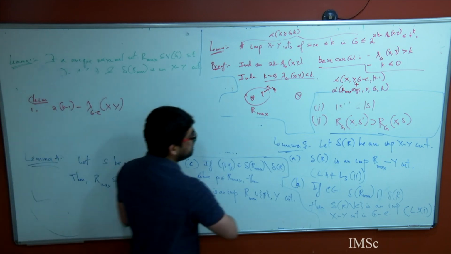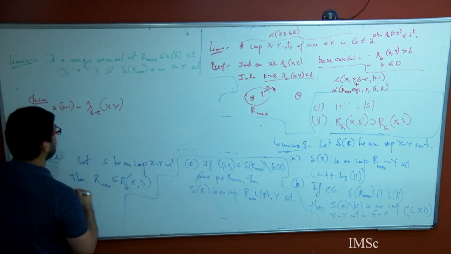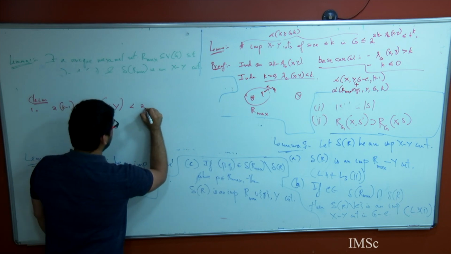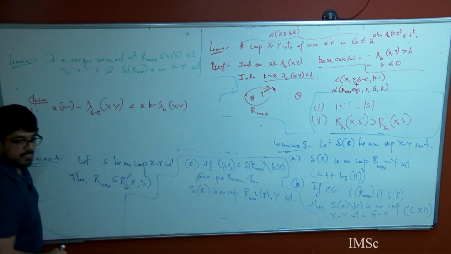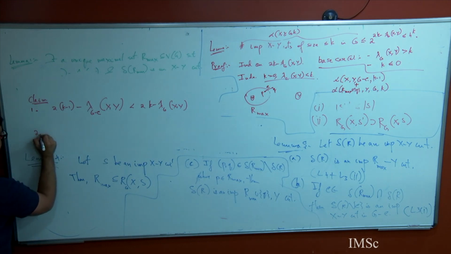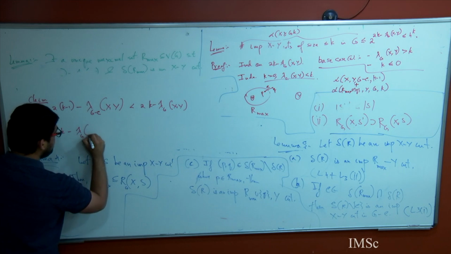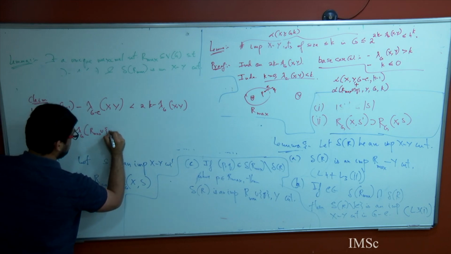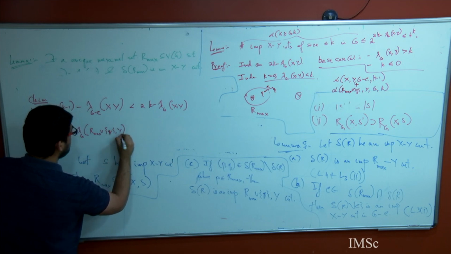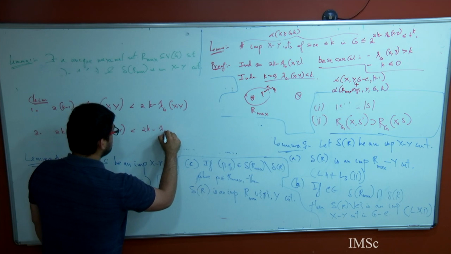So this is the measure here in that branch, if you will. I want to say that this is strictly less than 2k minus lambda g x comma y. And I want to prove that 2k minus lambda g R max union q comma y is strictly less than 2k minus lambda g x comma y.